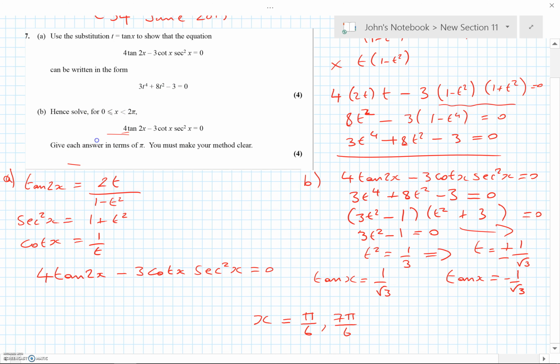Okay. Now, the principal value, tan x is minus 1 over the square root of 3. That's going to give us minus pi over 6. The calculator will give me the principal value minus pi over 6.